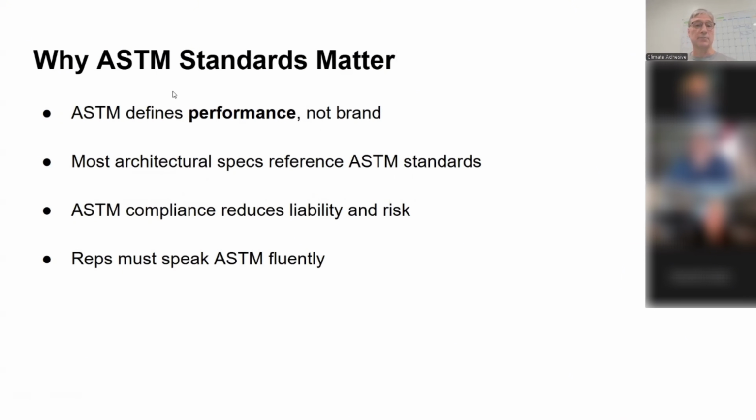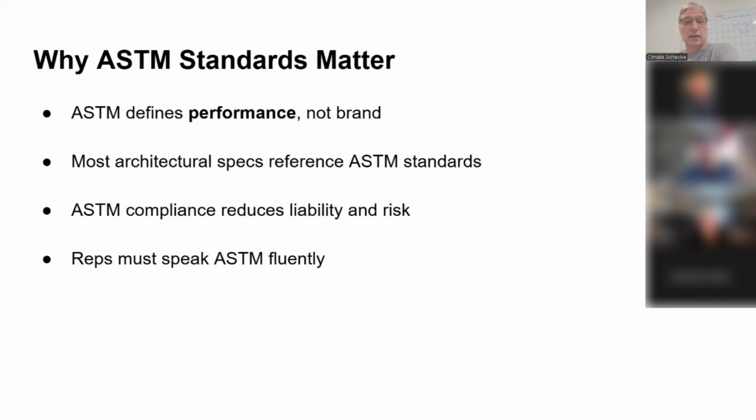And then ASTM standards and why they matter. ASTM defines the performance, not the brand. And we'll go over the main ASTM standard that will give all that information. But most architects are going to reference ASTM standards in their specs. If you've ever been through a joint sealant specification for commercial work, that's how they specify the product, based on ASTM C920.